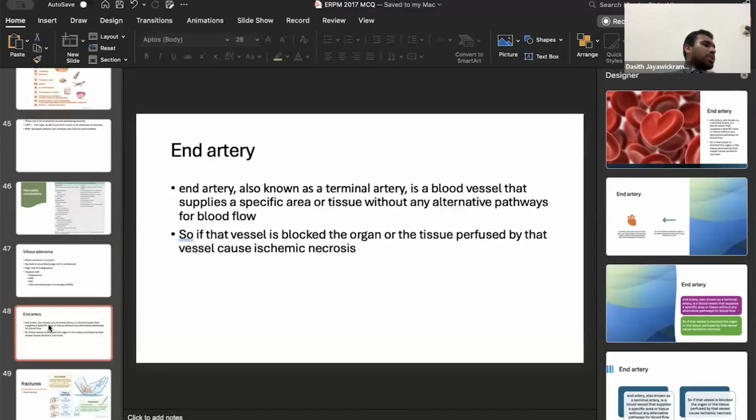Okay. So regarding fractures, Smith fracture results in volar angulation of the radius. So what is Smith fracture? Smith fracture is basically a reverse Colles fracture. In Colles fracture, there's dorsal angulation forming the dinner fork deformity. But in the Smith fracture, it is the exact opposite.